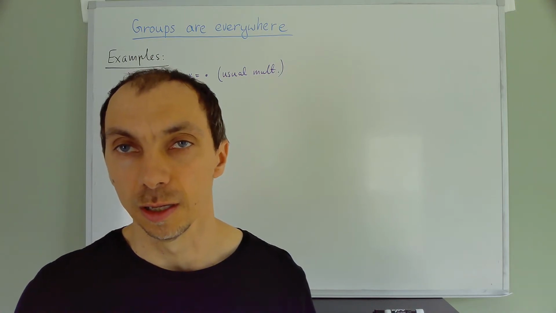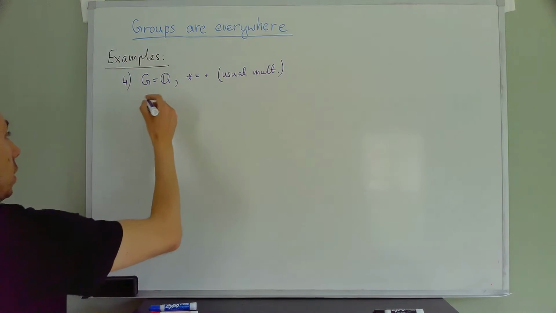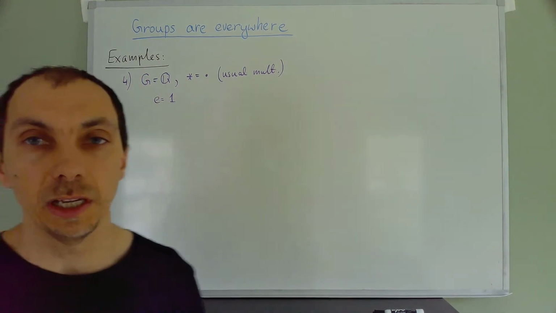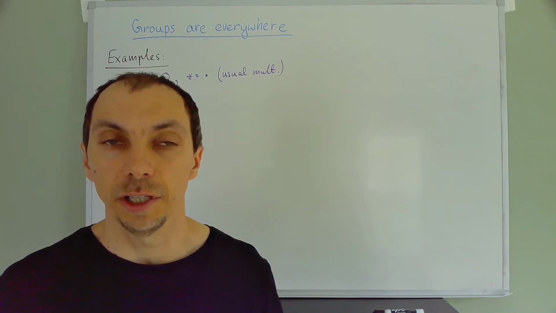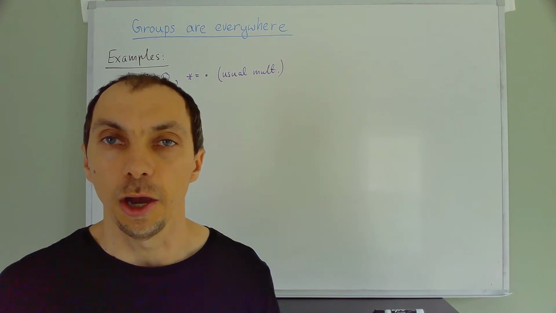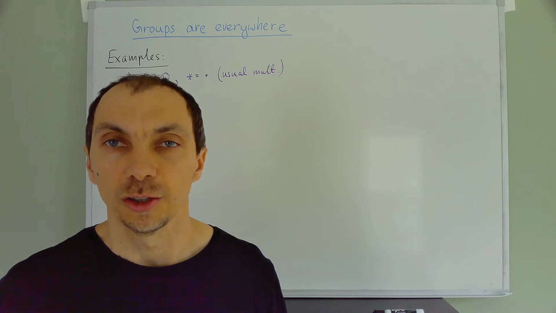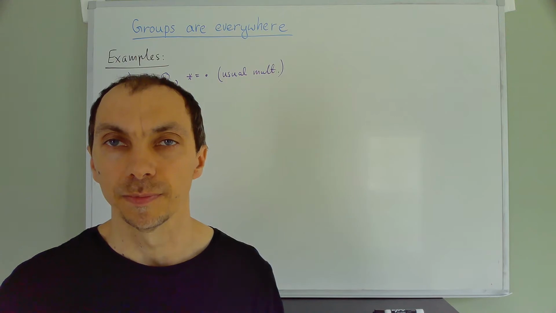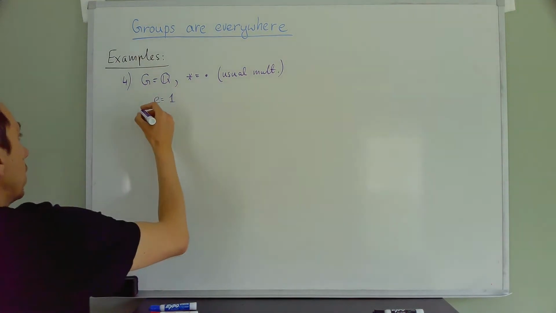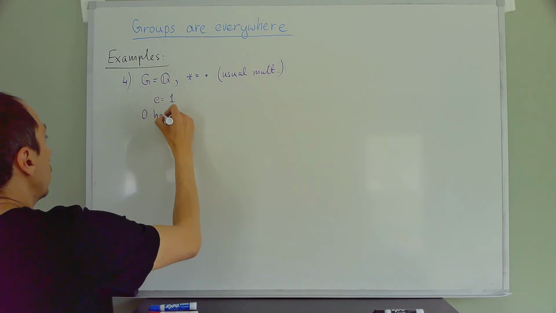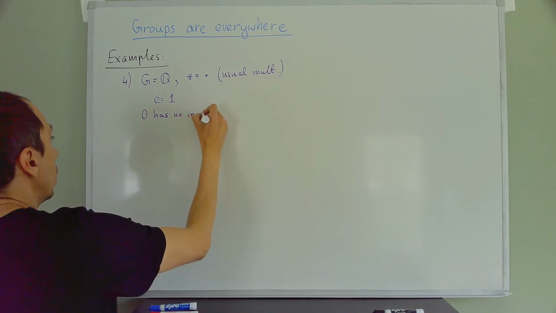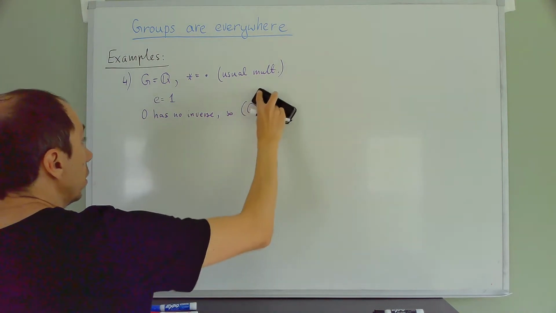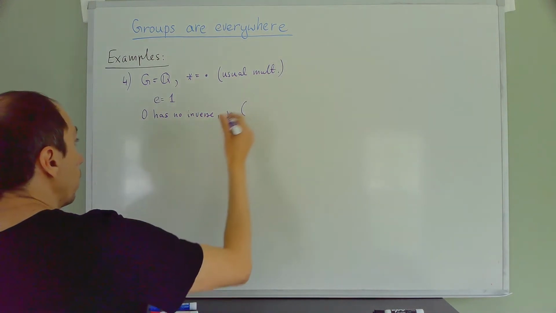Yes, that's 1. So e would be 1. Remember, now the operation is multiplication. Does every rational have an inverse under multiplication? No. Okay, so here it breaks down. There's exactly one rational which doesn't have an inverse under multiplication, that's 0. So 0 has no inverse. So Q together with multiplication is not a group.